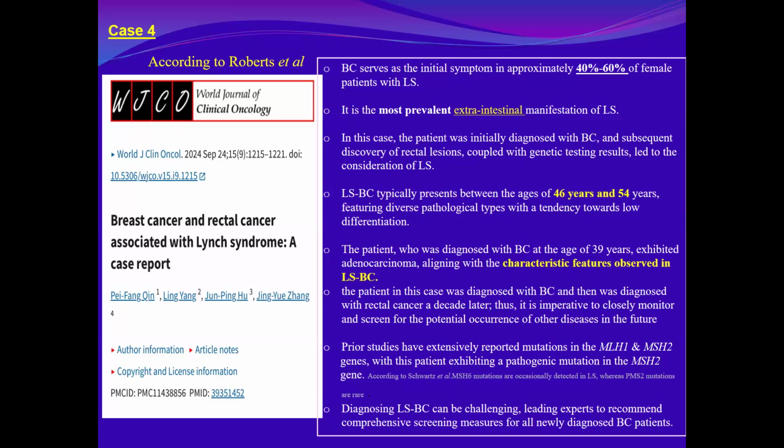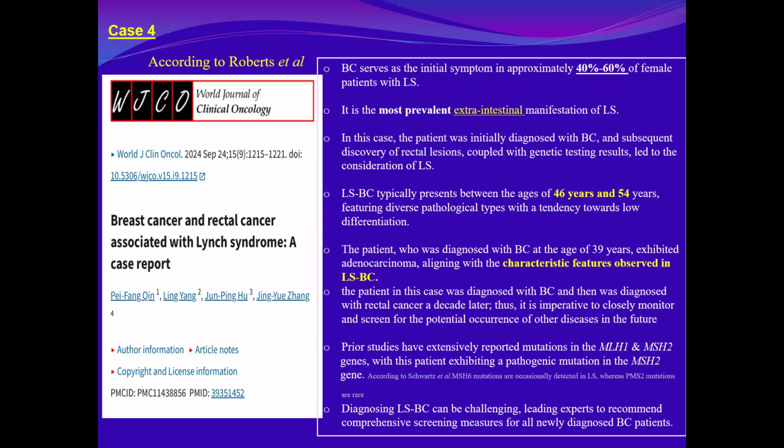Also, it is the most prevalent extraintestinal manifestation of Lynch syndrome. In this case, the patient was initially diagnosed with breast cancer, and subsequent discovery of a rectal lesion coupled with genetic testing results led to consideration of Lynch syndrome.